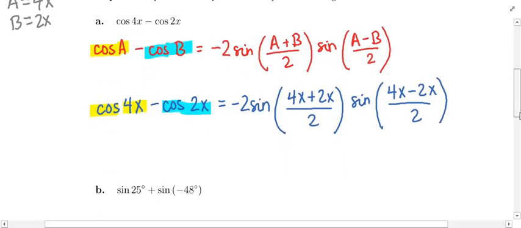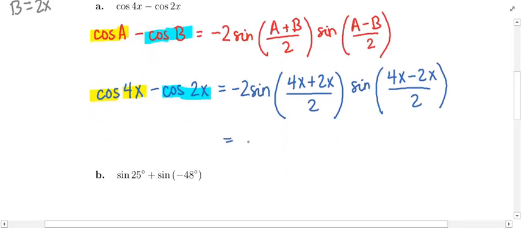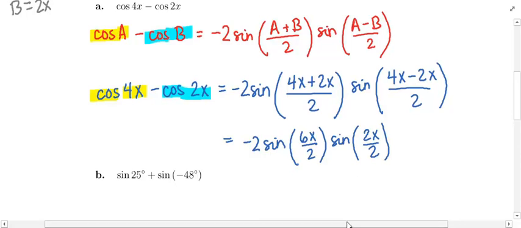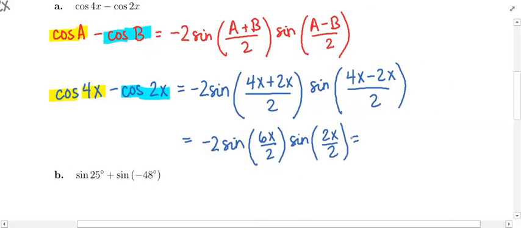Now we just simplify and we're done. This is going to be equal to -2 times the sine of 4x plus 2x, which is 6x, divided by 2, times the sine of 4x minus 2x, which is 2x, divided by 2. So we can divide by 2 in both of the arguments. The final answer is -2 times the sine of 3x times the sine of x.